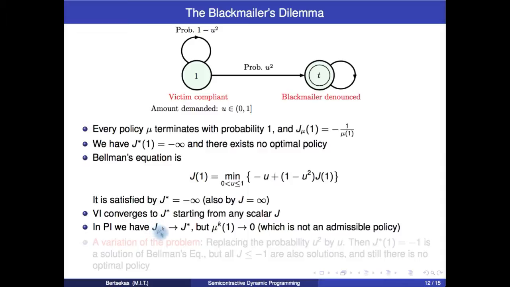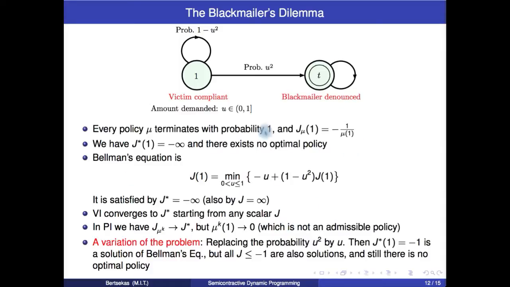It generates a sequence of policies, all of which are regular, well-behaved, they terminate, and the corresponding sequence of policy costs converges to the optimal cost. On the other hand, the policies themselves converge to 0, which is not an admissible policy. So we have convergence in the space of costs, but not in the space of policies.